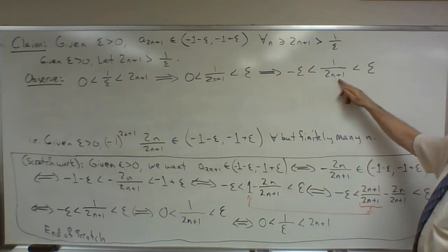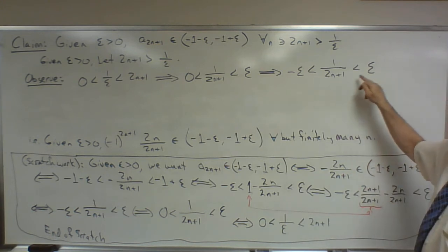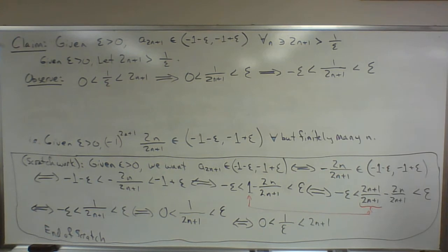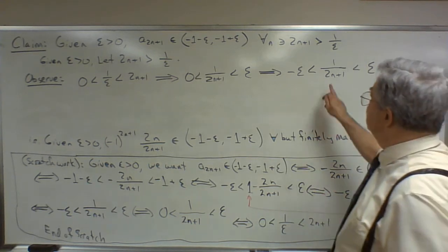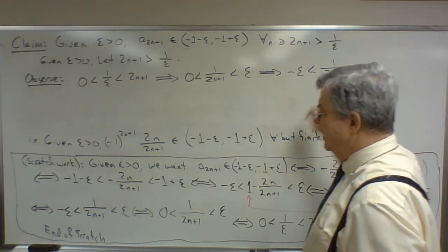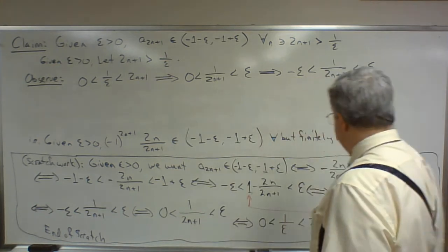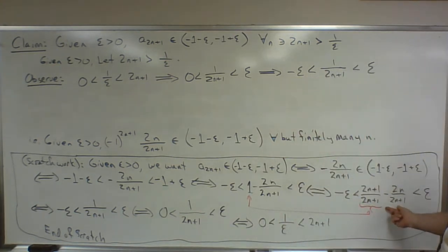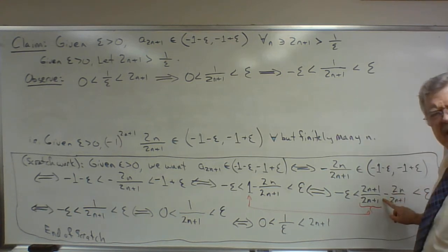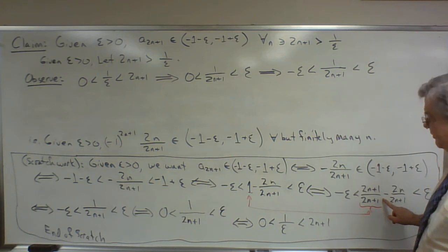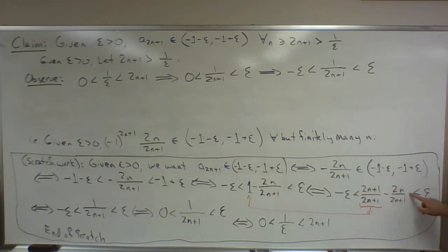Okay, so it looks like I have something trapped within an interval already. Looks like I'm on my way. And now I'm going to take this thing, 1 over 2n plus 1, and write it in terms of the nth term of the sequence, or maybe I should say the 2n plus first term of the sequence, negative 2n over 2n plus 1.